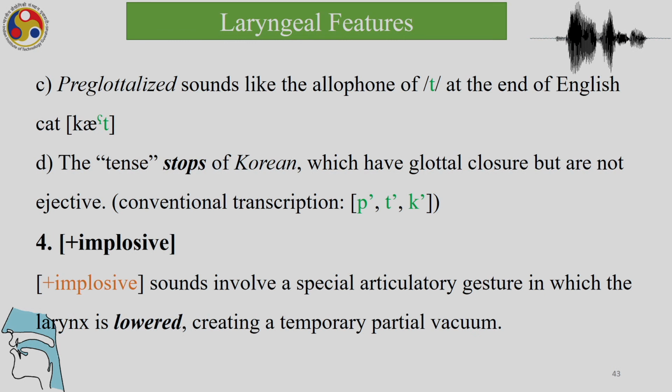Also preglottalized sounds, like the allophone of t at the end of English "cat", and the tense stops of Korean, which have glottal closure but are not ejectives. So these are preglottalized or tense stops. And then implosives, which we have seen a bit in the previous lectures. Implosives involve a special articulatory gesture in which the larynx is lowered, creating a temporary partial vacuum.